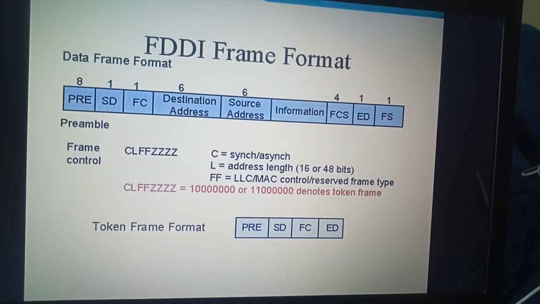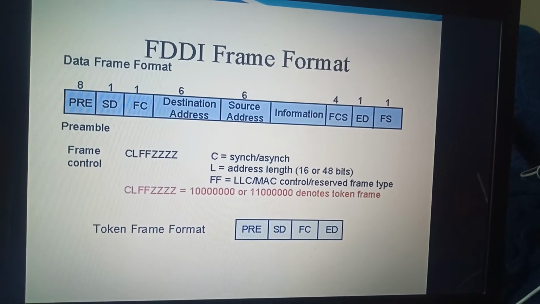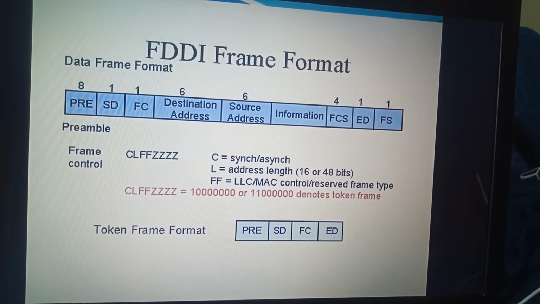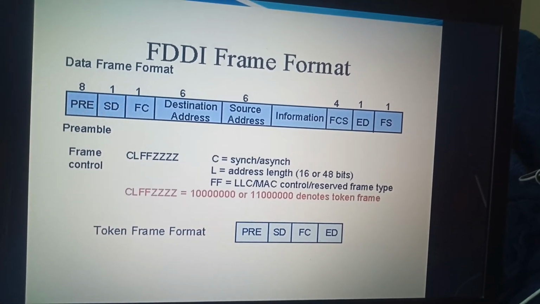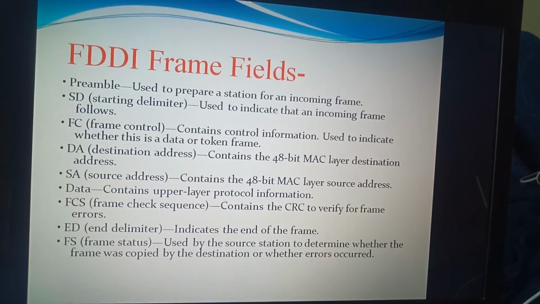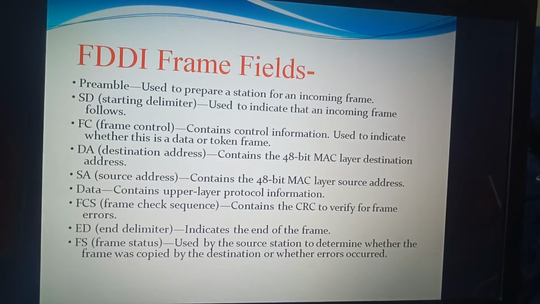And there are L equals address length, which is 16 or 48 bits, FF, and C for synchronous or asynchronous. And there are FDDI frame fields.